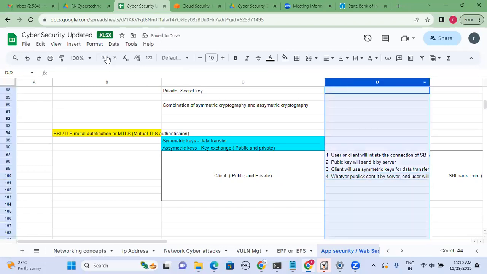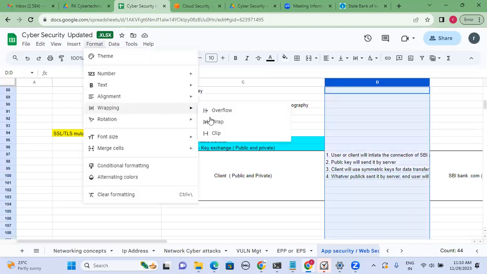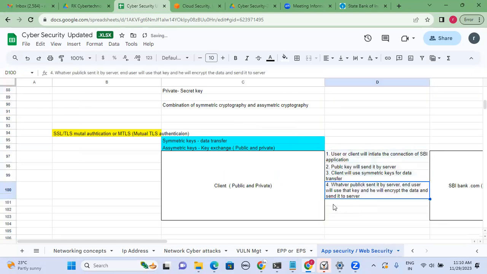In such a way, is encryption formed or not? Yes, an encrypted channel is formed in between the client and the backend web server or website.